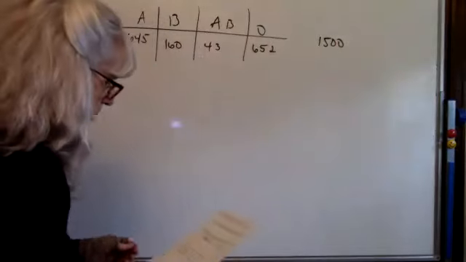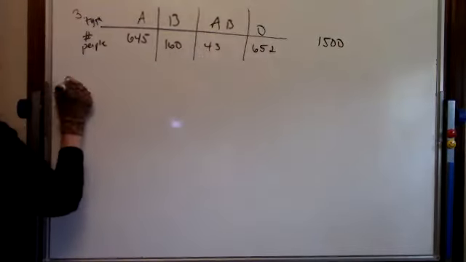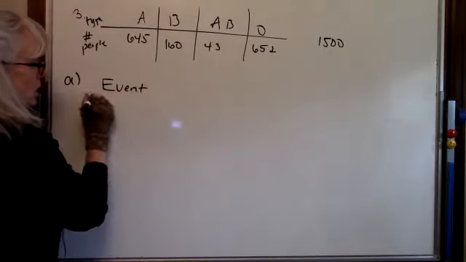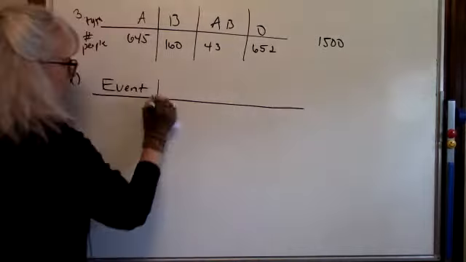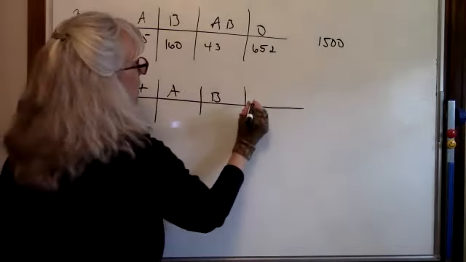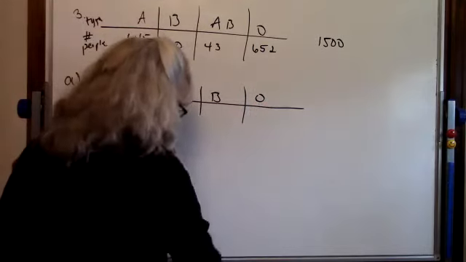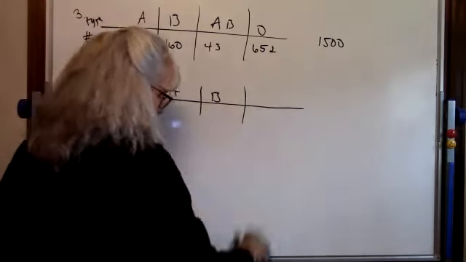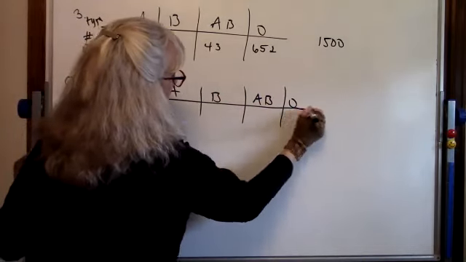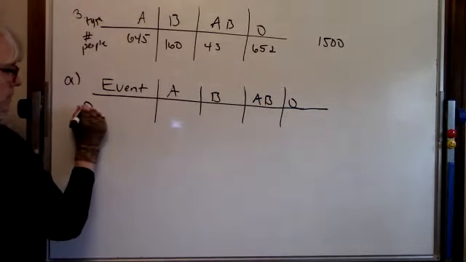So we're going to make a probability distribution. This is part A. Again, the labeling inside the chart is changing to event. The events are still the type of blood: A, B, AB, and then O. Do them in the same order. And then down here, we're going to have the probability.